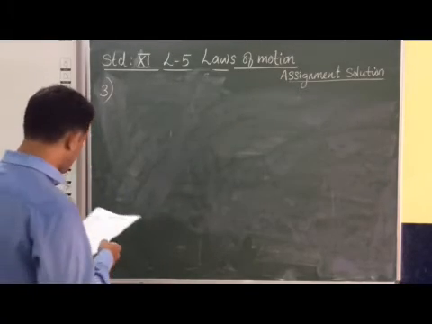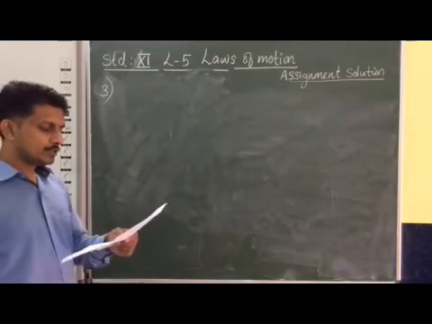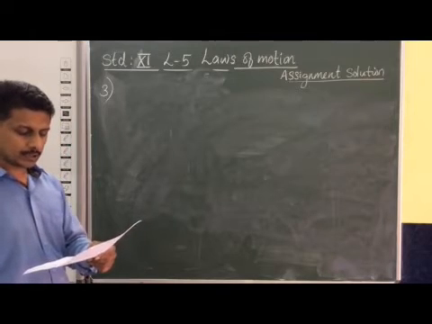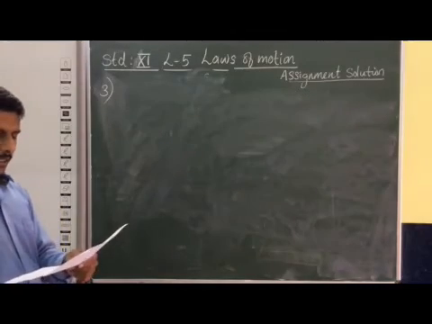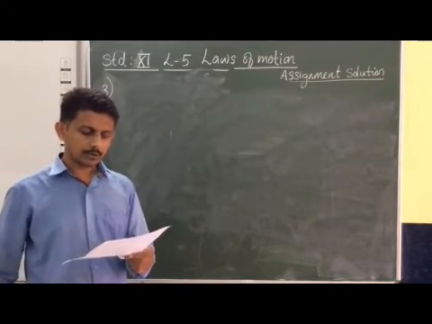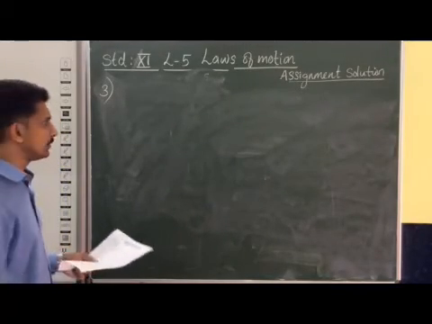So 2 billiard balls, each of mass 0.05, moving in opposite direction with a speed of 6 meter per second, collide and rebound with the same speed. What is the impulse imparted to each ball due to the other? So we have to find the impulse imparted to each ball.